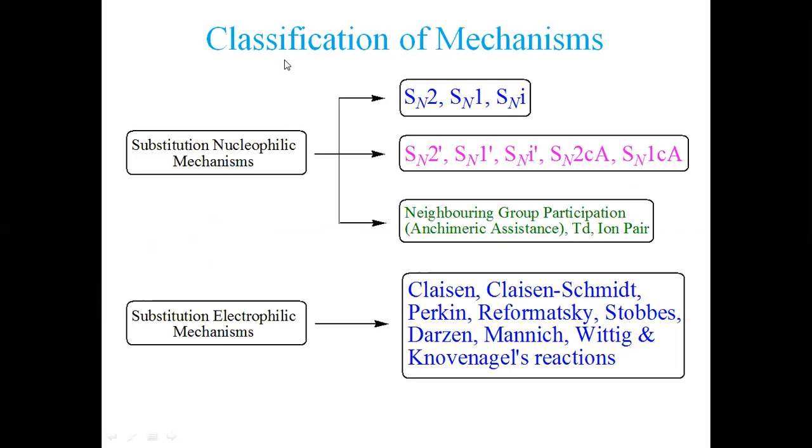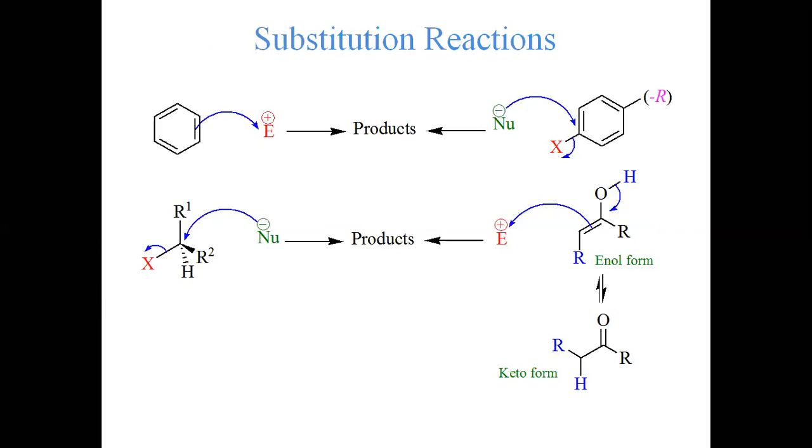So I'm just going to classify these mechanisms. We have here split these substitutions as aliphatic. This system is called aliphatic. If you have sp3 hybrid, no double bond is present here. So this is called an aliphatic system. There is an unsaturation here, but the system where substitution is taking place is aliphatic.